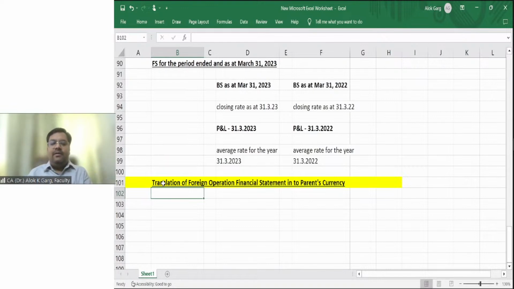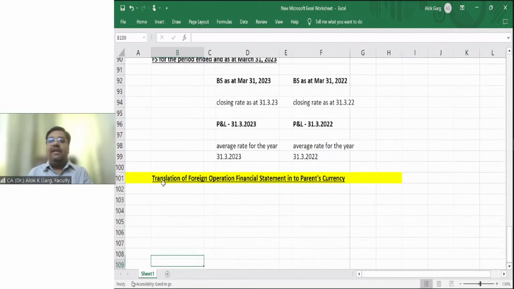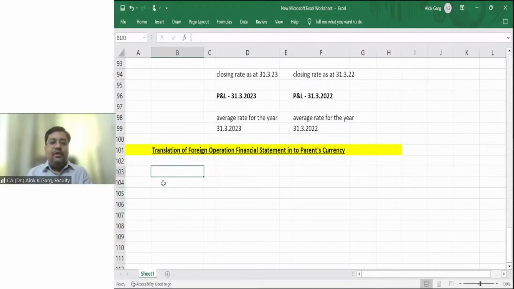And let me make you understand with the help of a real life example. You all have heard about Reliance Industries Limited, big company, listed company, RIL. RIL is incorporated in India, right?